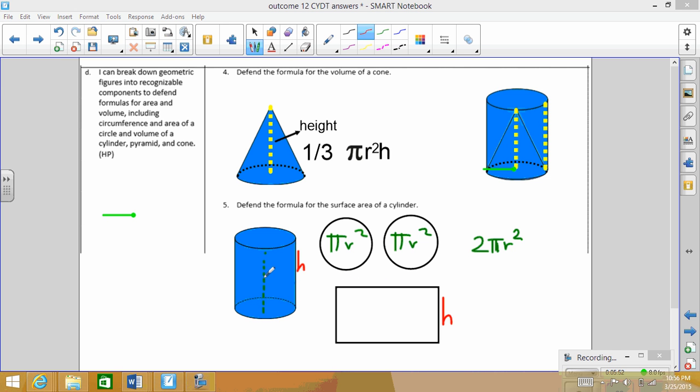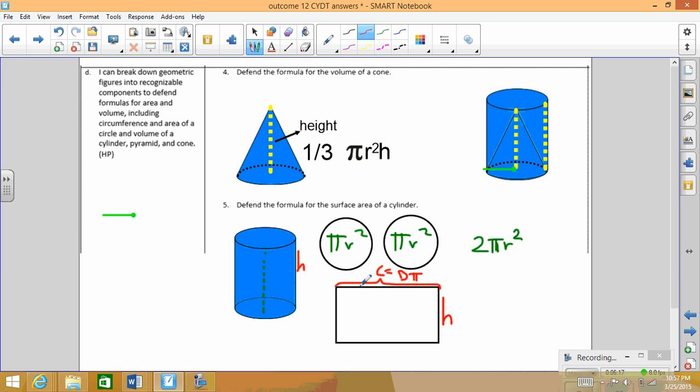So if you slice open this rectangle and fold it out, this length here represents the circumference around the circle. Okay, and the circumference around the circle is diameter times pi.